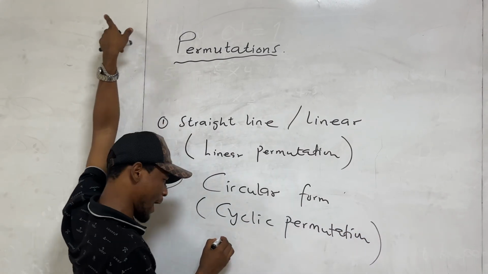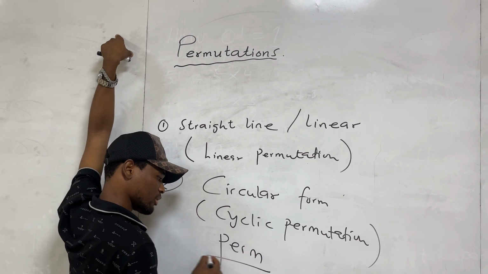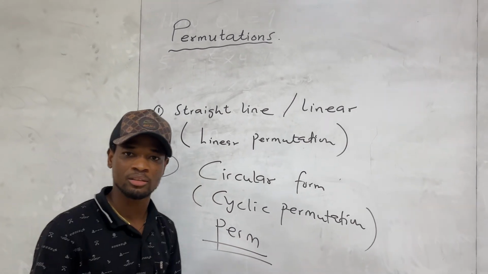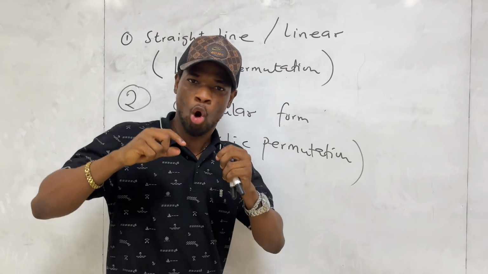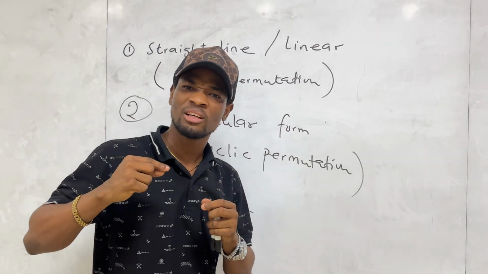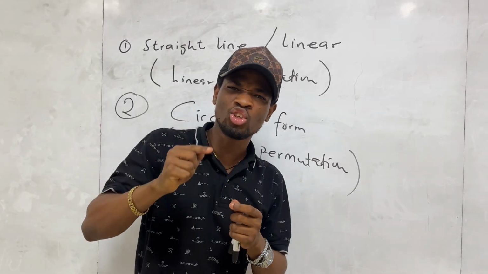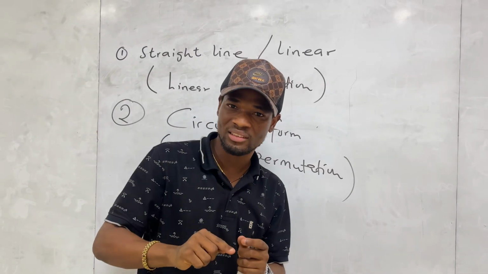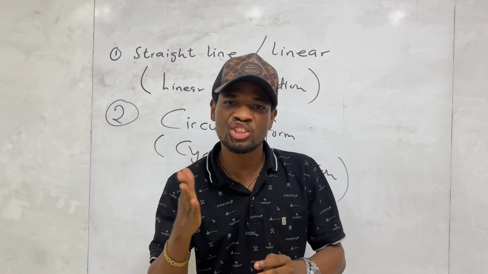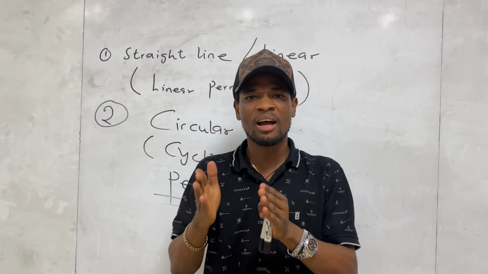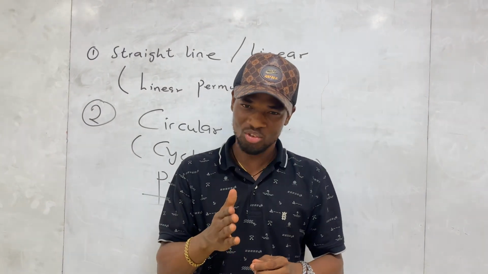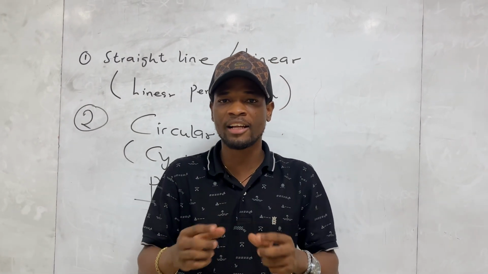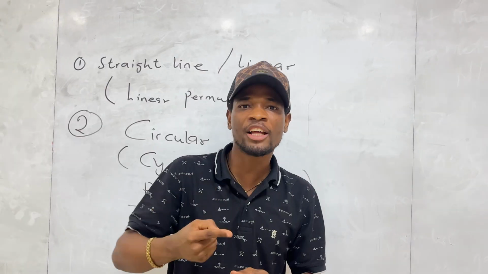So here we are doing the arrangement of the items, but we are taking into account the arrangement. The arrangement has to be done in a given order. Do you get it that way? So here we are going to arrange the items in a definite order.